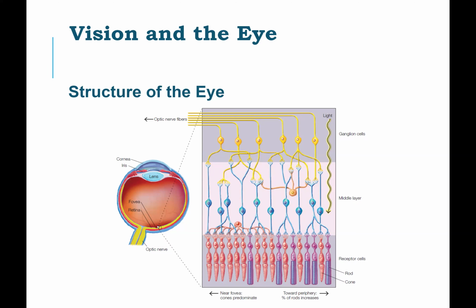When we're looking at something, the light reflecting from that object would project to this point, and we call that the fovea, which is a small area in the retina. When you move near the fovea, you're going to have a lot more cones, which are shown in red here. And when you move away from the fovea in the retina, you're going to have a lot more rods.